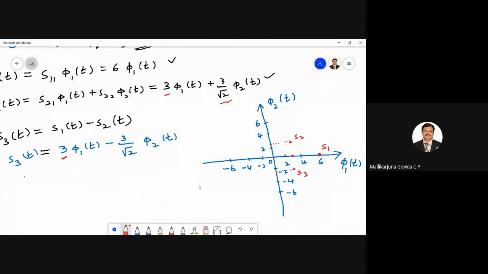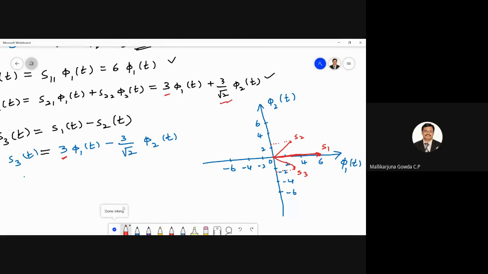Is that fine? That is how I locate. Okay. Even from the origin you can draw. So this is one vector, and then this is another vector, and then this is another vector. Okay, clear? How to draw the signal constellation diagram? So this will end your second question task.